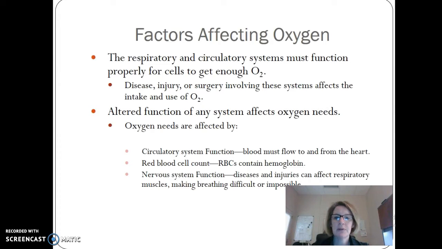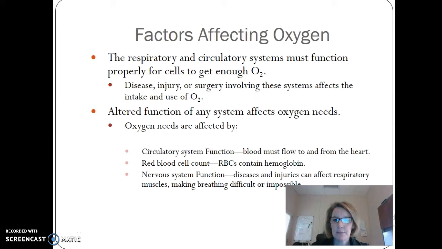If the circulatory system is not functioning properly, if the vessels are narrowed, then blood must flow to and from the heart. If it's narrowed, then that exchange can't take place. Red blood cell counts: red blood cells contain hemoglobin, and it's the hemoglobin that carries the oxygen from our lungs into our cells.